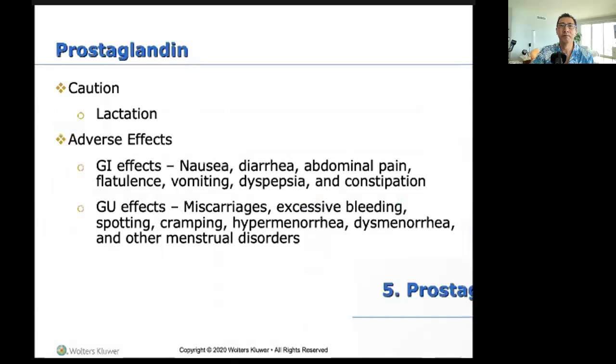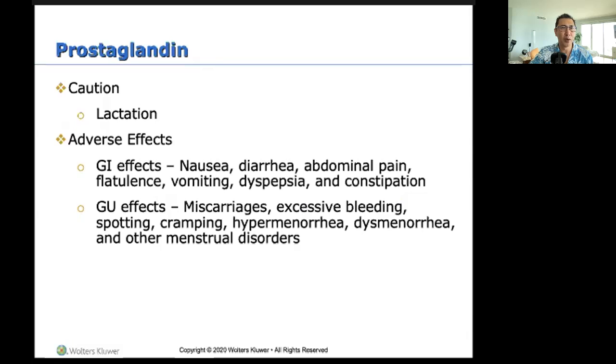So, cautions: lactating women. And look at the effects. It's not a GU effect, but miscarriages, excessive bleeding, spotting, cramping, hypermenorrhea, dysmenorrhea, and other menstrual disorders.